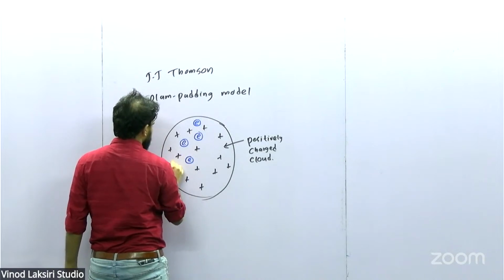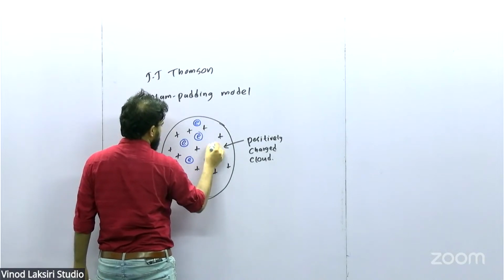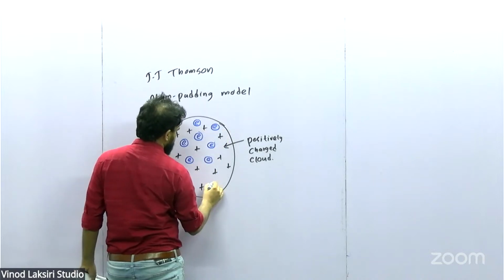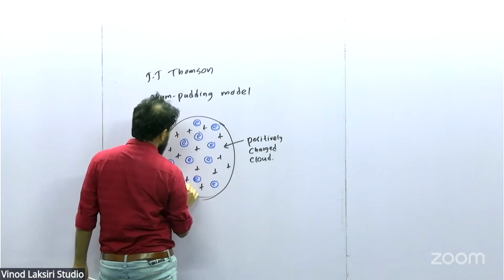Inside this cloud, electrons are present like this. This is the atomic model of Thomson, known as the plum pudding model.